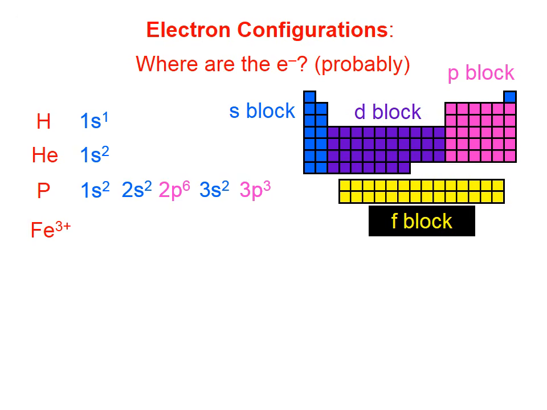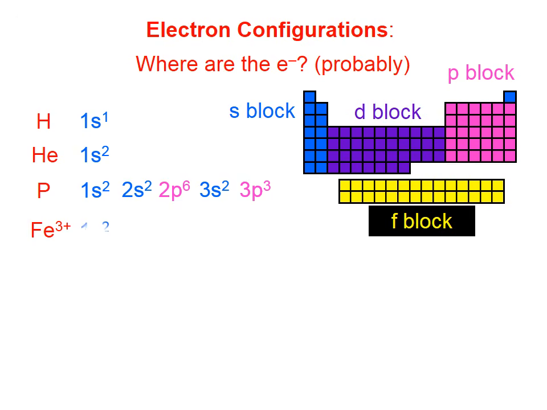For these first three, we've simply picked the number off the periodic table because those are neutral atoms, and whatever the atomic number is for an atom, that's the same as the number of electrons. For the iron 3+ ion, what I like to do is write out the electron configuration for neutral iron first, and then take away 3 electrons, which will get me from iron to iron 3+.